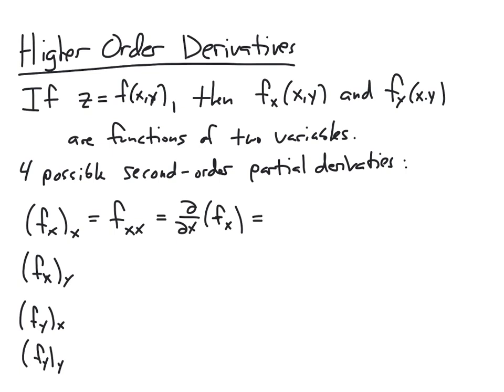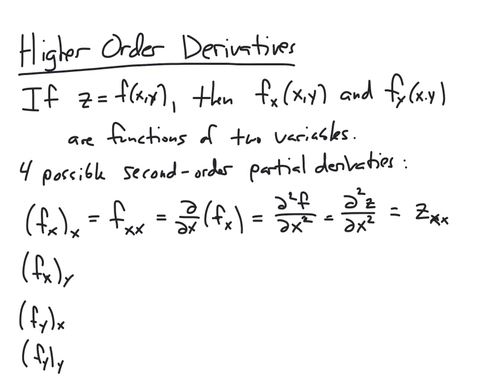Sometimes we write this as del squared f over del x squared. Right, so this is sort of the analogous thing to the d squared y over dx squared notation from Calc 1 for the second derivative. We might also, instead of f, have a z here, so del squared z over del x squared. Right, and we might also denote this by z sub xx. So again, the double subscript denoting that we're differentiating with respect to x twice.